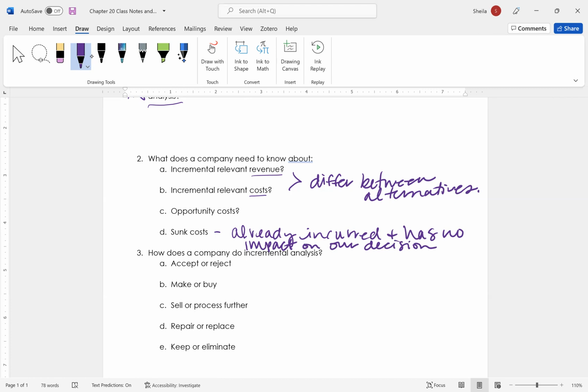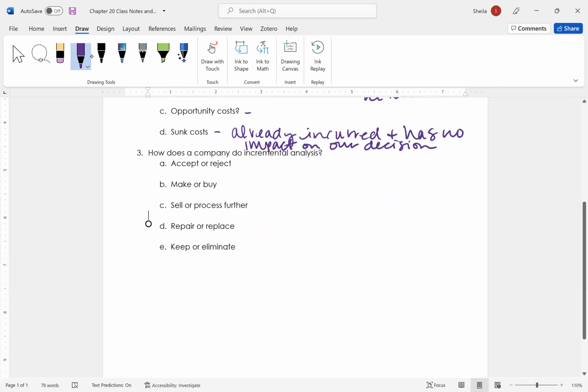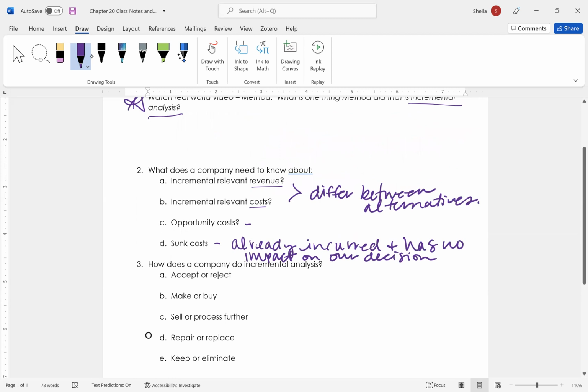When we think of opportunity costs, though, that is a little bit different. An opportunity cost by definition is something that we are giving up, some sort of opportunity that we're giving up based on a decision that we're going to make. So for example, if we gave up a $30 price for a $25 price, the opportunity cost of that is $5 less.